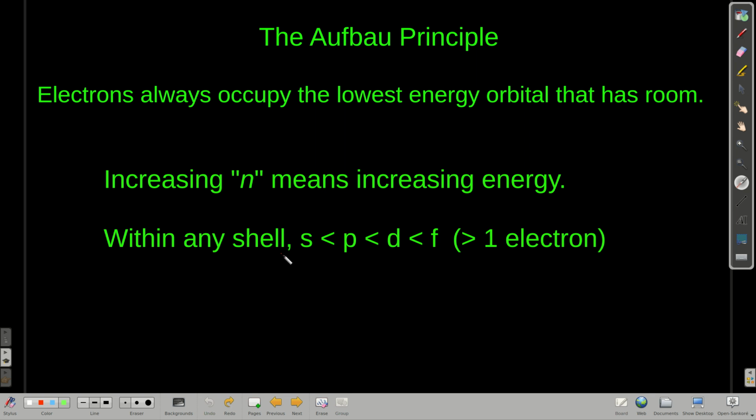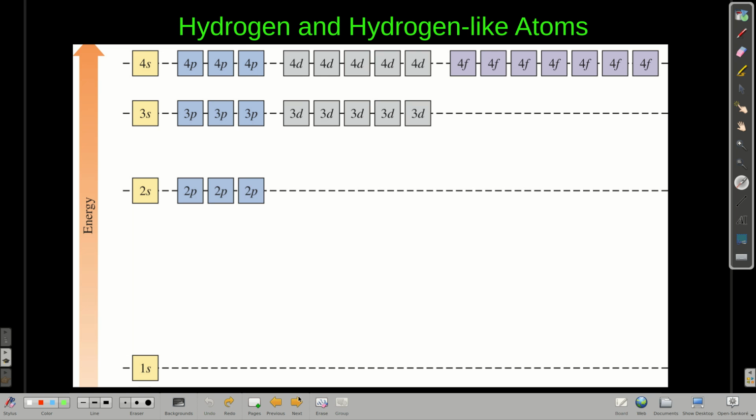Now within any shell, say n equals 4, within that shell, an s subshell will be lower in energy than a p subshell, which is lower in energy than a d subshell, which is lower in energy than an f subshell. That is if there is more than one electron in that atom, which most of the atoms are going to be like. So that's the Aufbau principle. Higher n means higher energy, and within a shell, s is less than p, which is less than d, which is less than f.